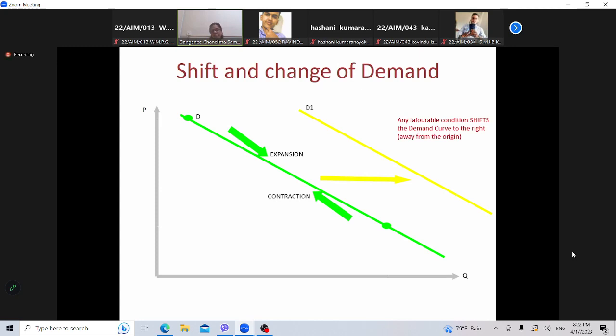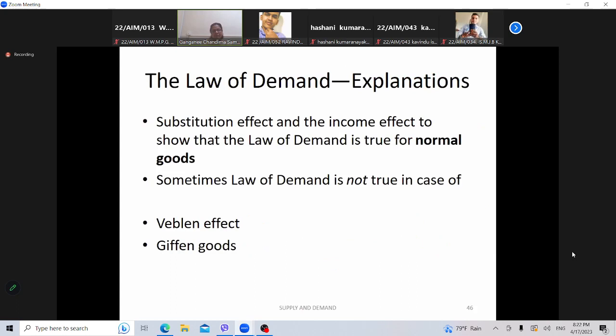But when we consider shift of the demand curve, you can see right shift or left shift.